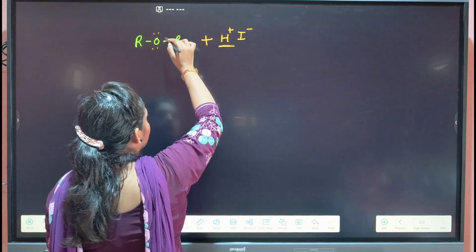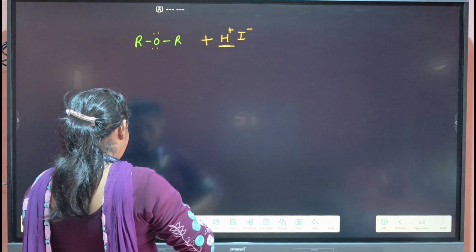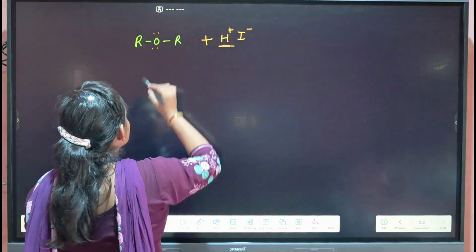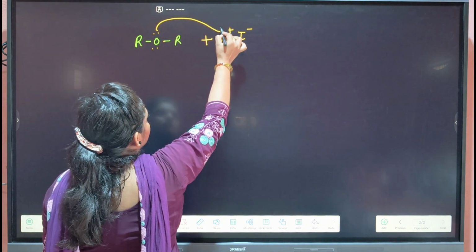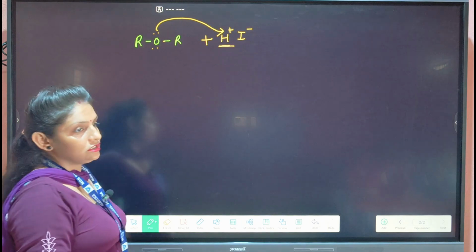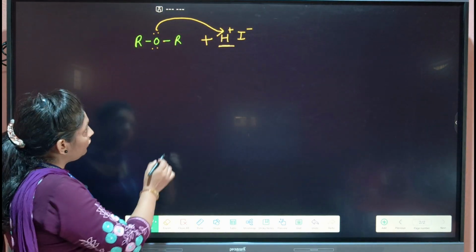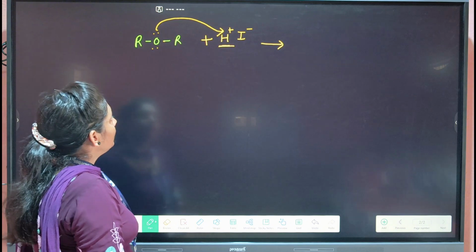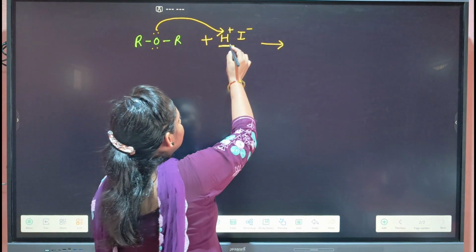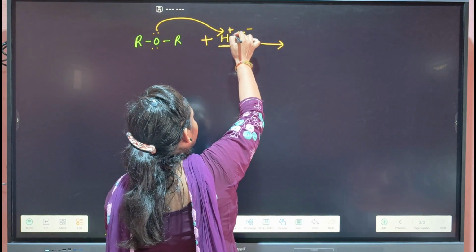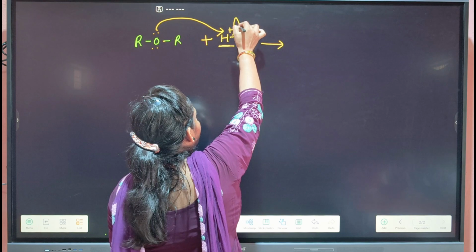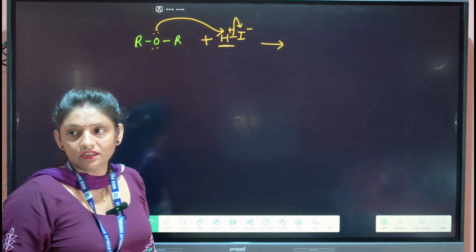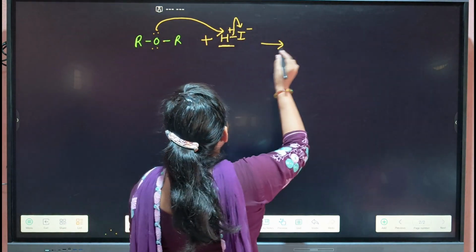So here, it needs some electrons. From where can it take electrons? It will take electrons from this oxygen. This oxygen will give electrons to this. Then what will happen? This iodine will take its electrons and it gets removed. So what will happen?